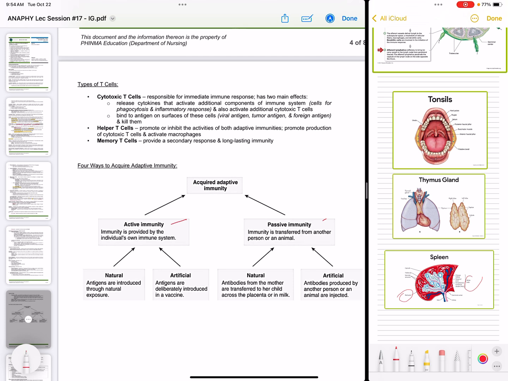So, ang natural antigens are introduced through natural exposure, and artificial antigens are deliberately introduced like ang vaccine naton. So, mga vaccines naton artificial na sila, and ang natural mo nang nakukuha talang sa environment. Okay? Through sa mga exposure naton sa different kinds of environments.